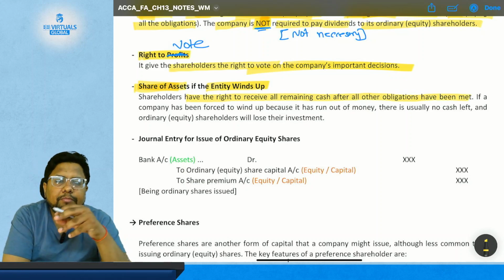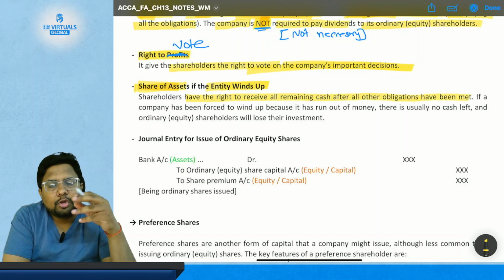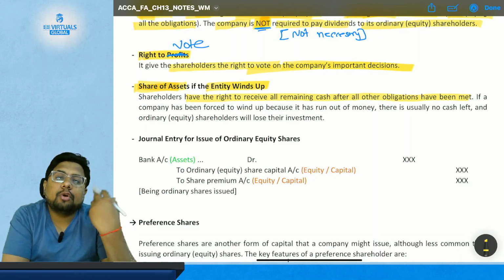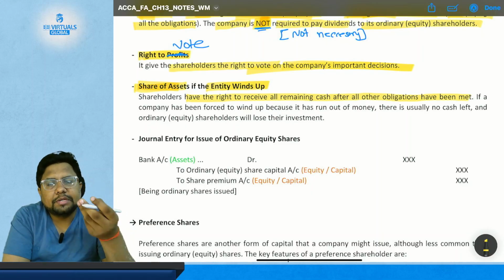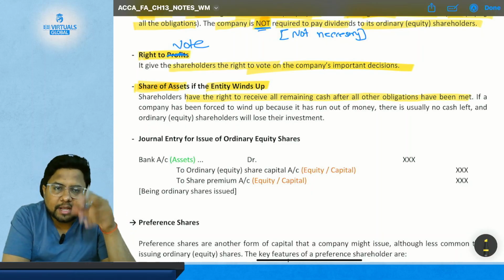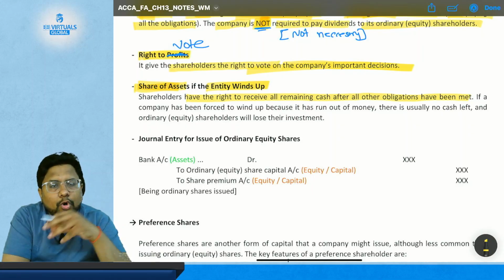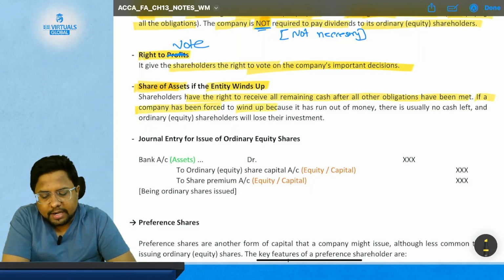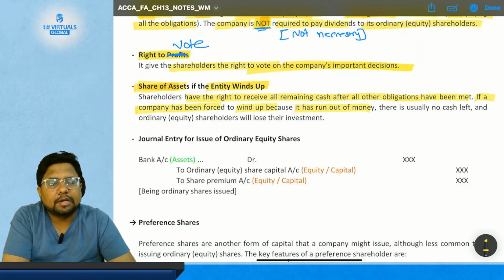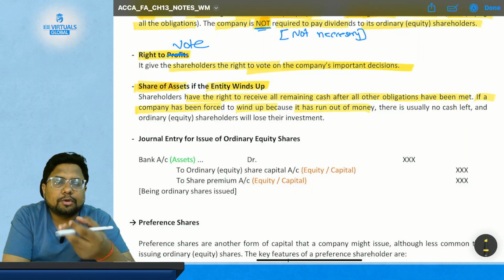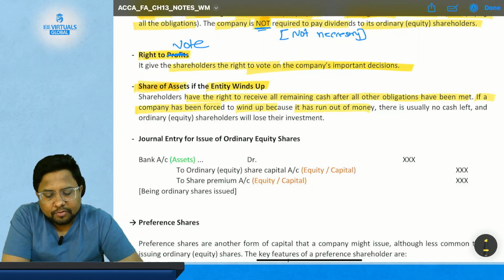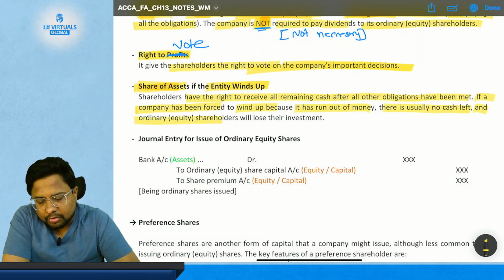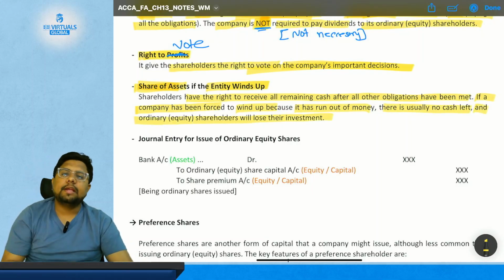So suppose the company is going to be wound up and you are left with some cash after paying all the liabilities or all the obligations, then that amount will be distributed to the ordinary equity shareholders. If a company has been forced to wind up because it has run out of money, there is usually no cash left and ordinary equity shareholders will have to lose their investment.